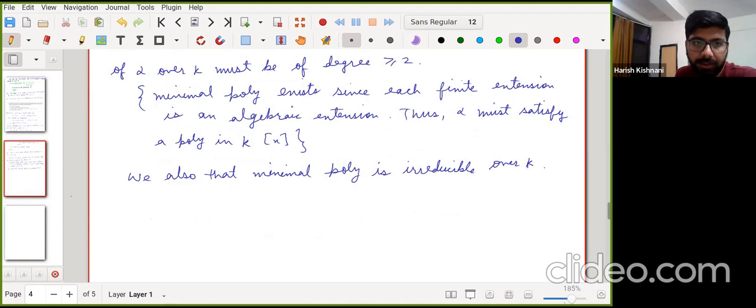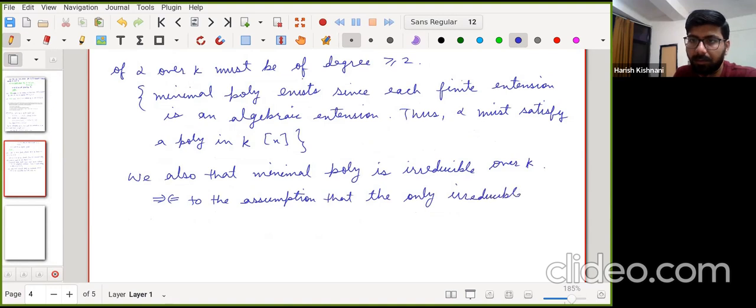But that contradicts the assumption that the only irreducible polynomials in k are of degree 1, right?